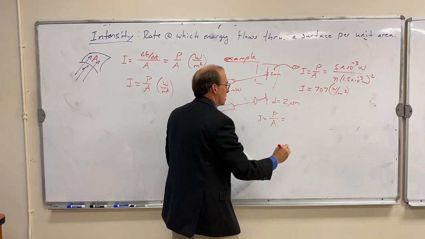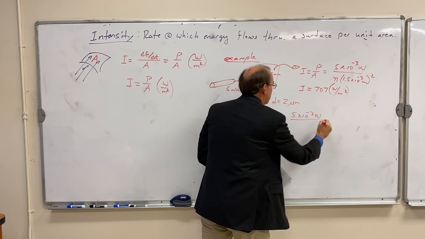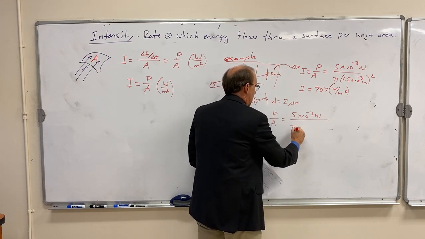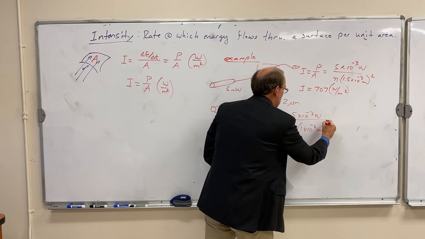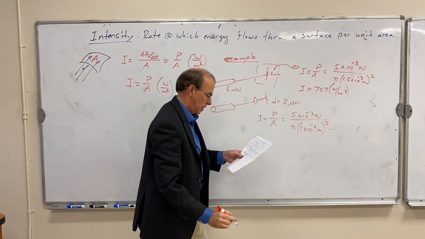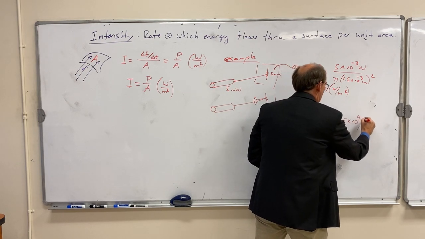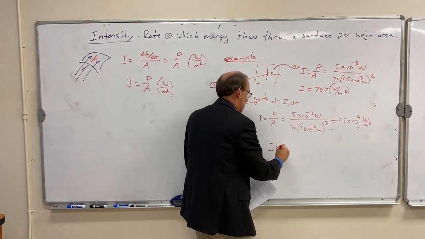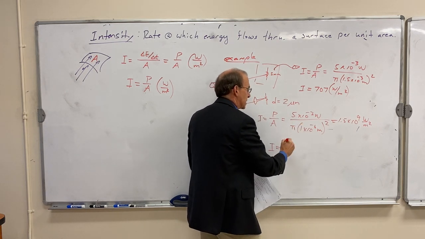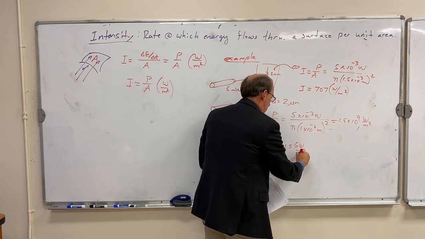It would be 5 times 10 to the minus 3 watts over pi times 1 times 10 to the minus 6 meters squared. That's 1.5 times 10 to the 9 watts per square meter. Where you've just by focusing it, you've now got your intensity 1.5 gigawatts per square meter.